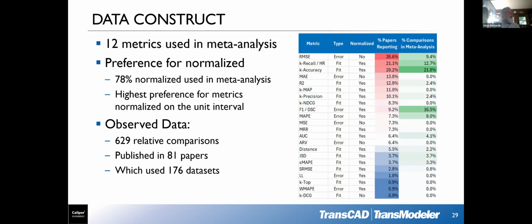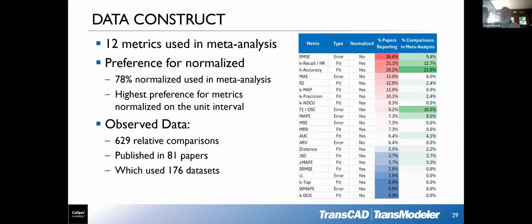A lot of papers reported multiple fitness or error statistics, so we got to choose in those cases. We preferred normalized metrics, and particularly ones that were normalized on the unit interval.